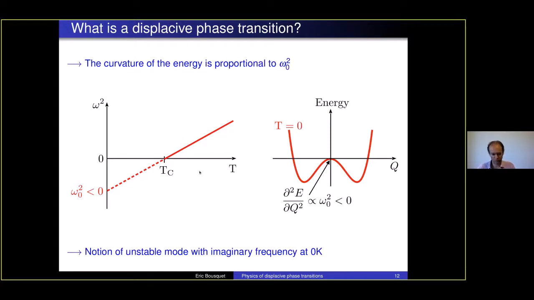And this is the notion of unstable modes, because here the square of the phonon frequency is going to be negative, and we find the mode is unstable in the sense that if you go to the left or the right of these phonon displacements, you're going to lower the energy. So it means you have an instability in the system. We call it like that as well.